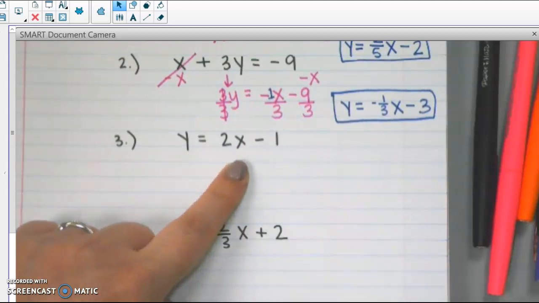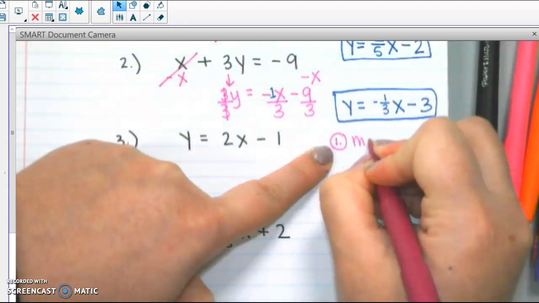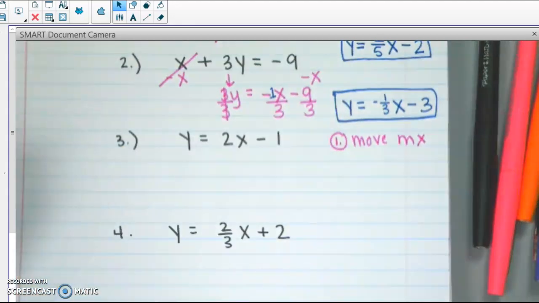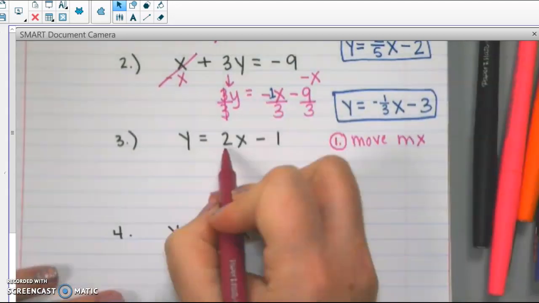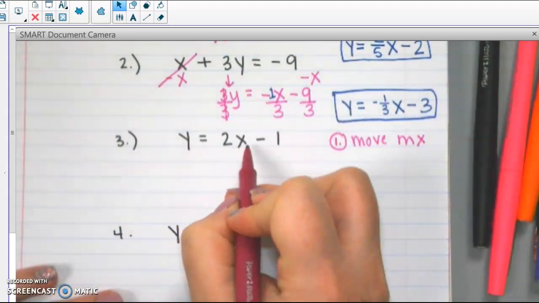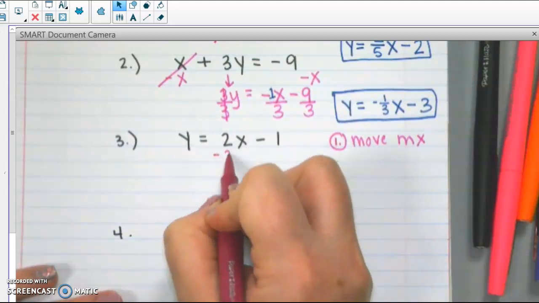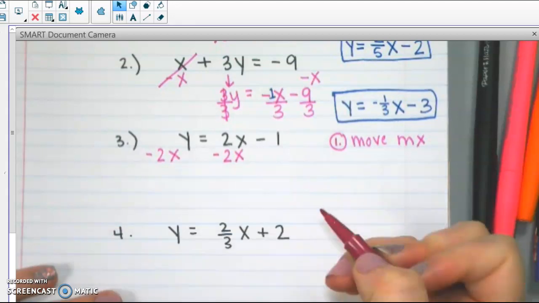All right, so again, our first step is going to be to move the x term. So m and x, that whole kit and caboodle, that whole piece. So here's my x term. It's a positive 2x, so I'm going to have to subtract it on both sides.